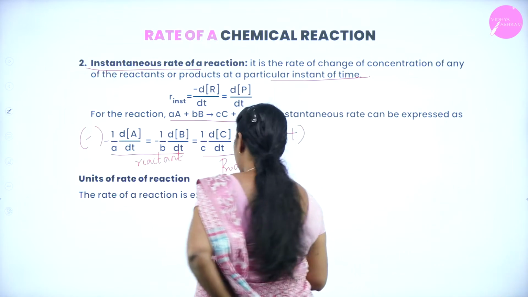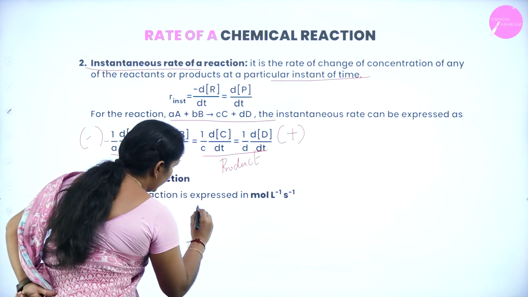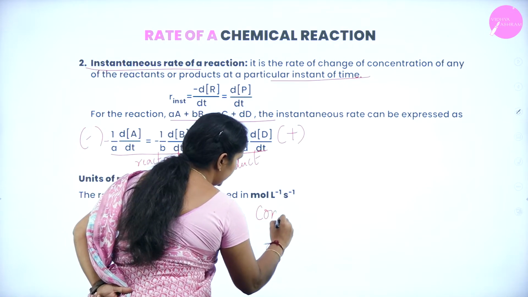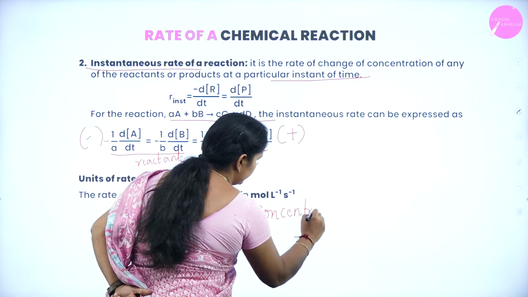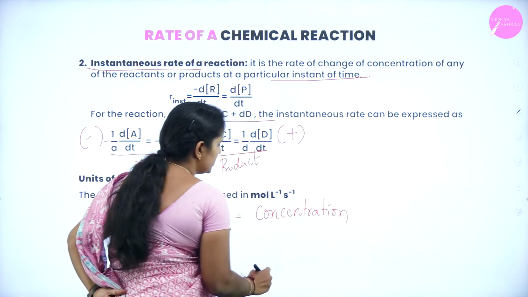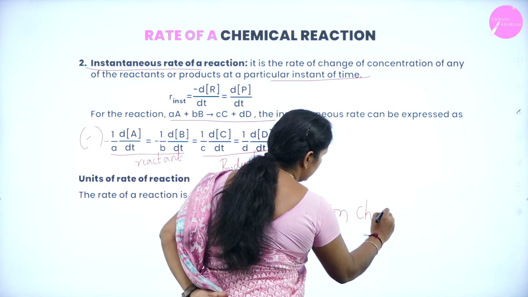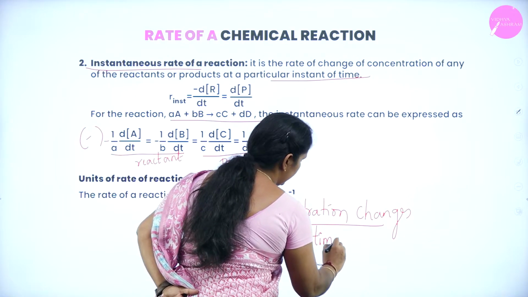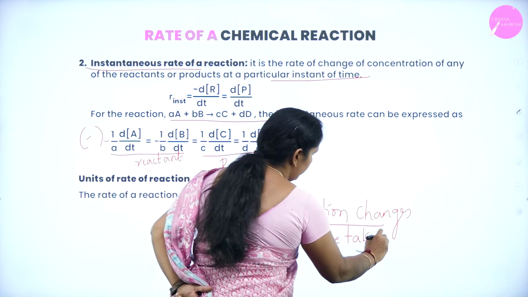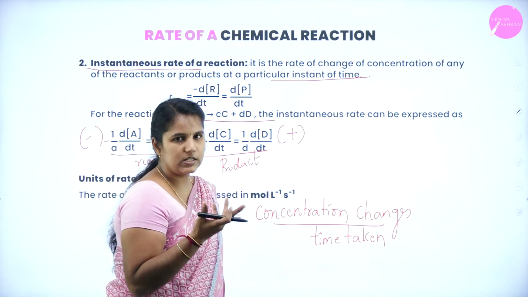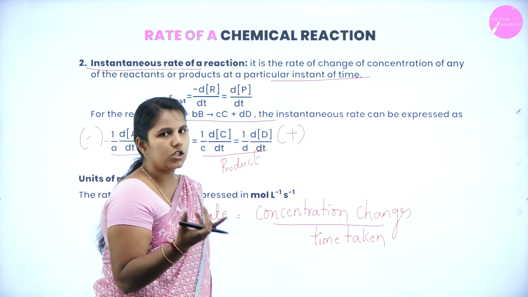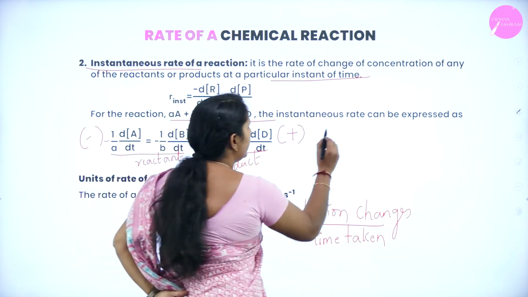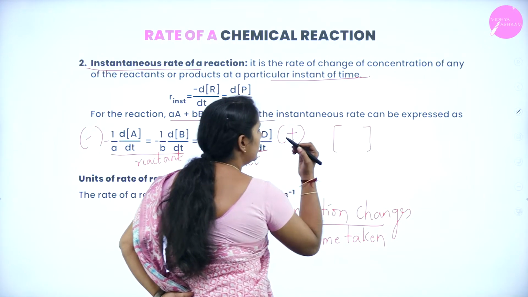How to write this? I will explain. We know that rate is equal to concentration change divided by time taken, right? The concentration change is nothing but the concentration of the reactant or the concentration of the product, which we always represent in square brackets.